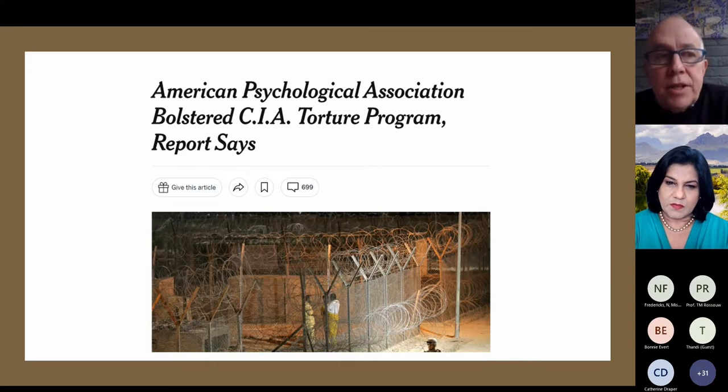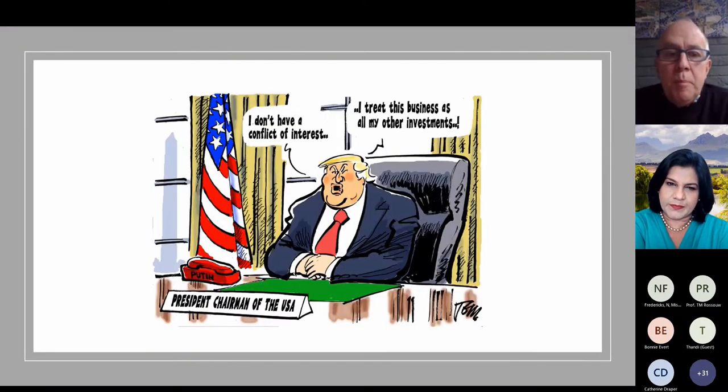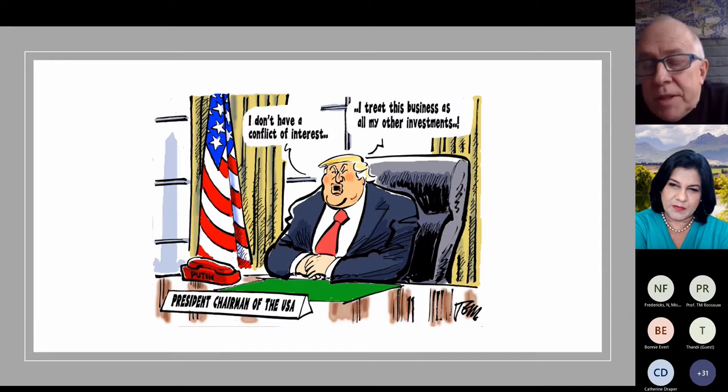The Psychological Association and these psychologists were embedded within the CIA. Again, I think these are issues we need to talk about. We've all seen what happened during the Trump era, where essentially the presidency became another one of his business investments.